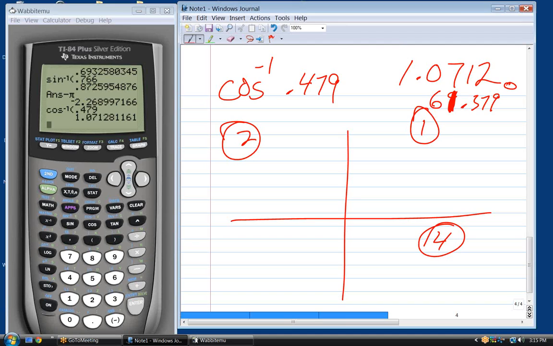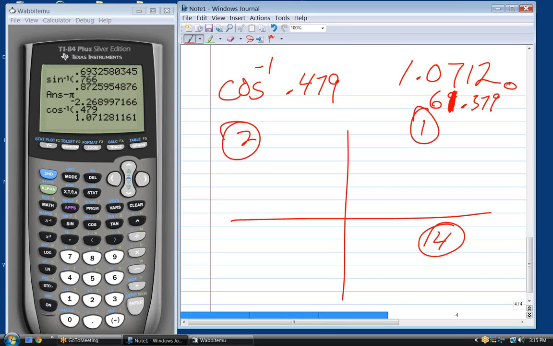You understand that it's periodic. You don't have just one answer for the inverse cosine of 0.479. You have a first quadrant answer. You also have a fourth quadrant answer. What would the fourth quadrant degree answer be?